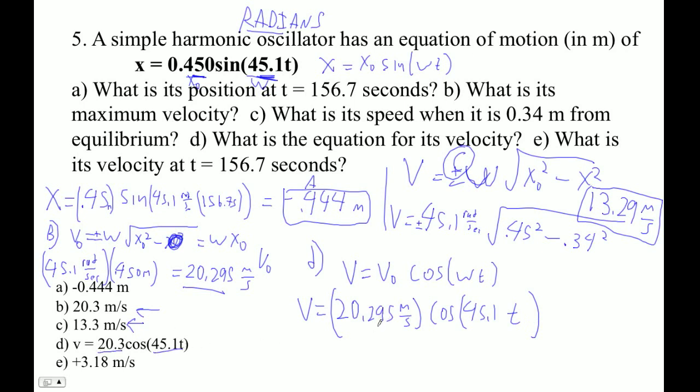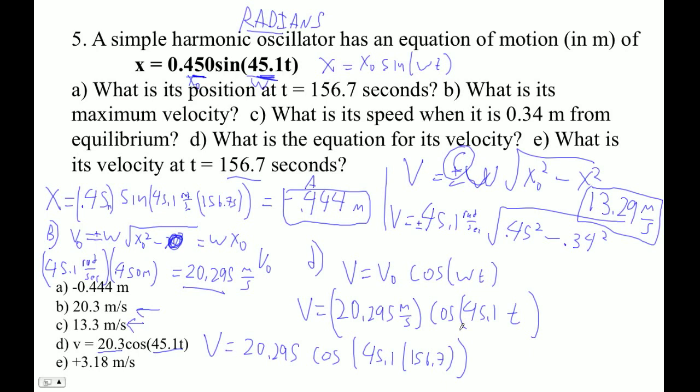I'm going to use this though to calculate my value. Okay, so then it says at 156.7, so we're supposed to plug in the numbers for that, right? So V is equal to 20.295 cos 45.1 times 156.7. Okay, so times cos parenthesis 45.1 times 156.7.